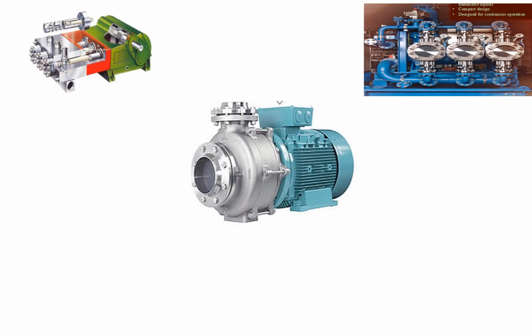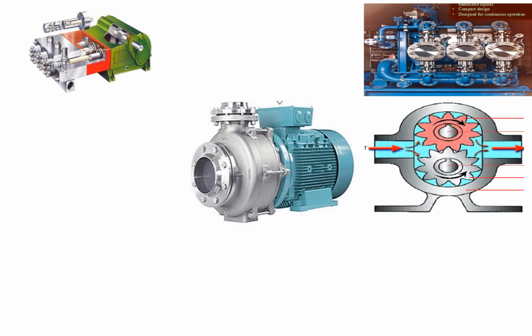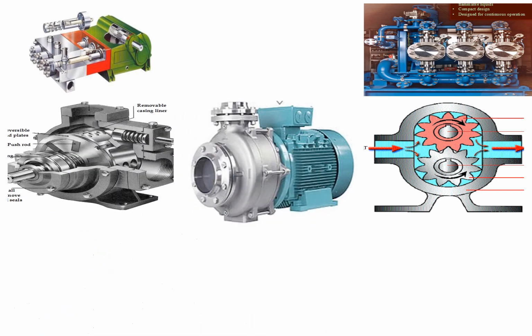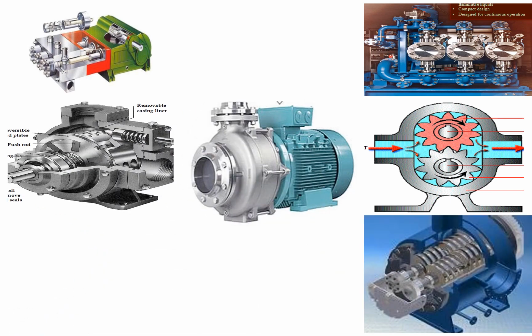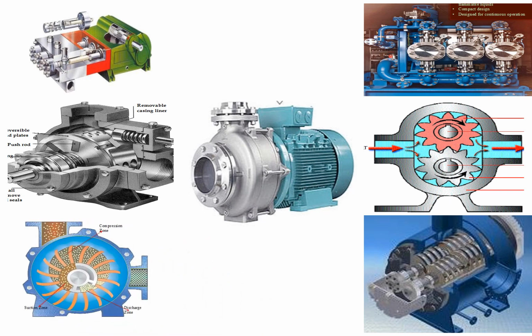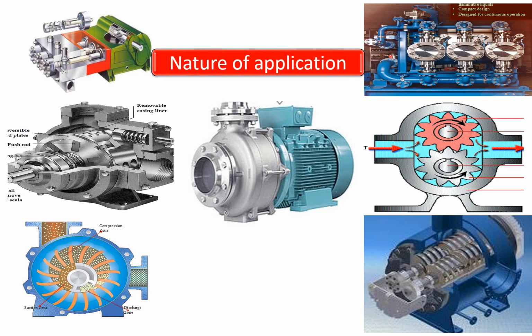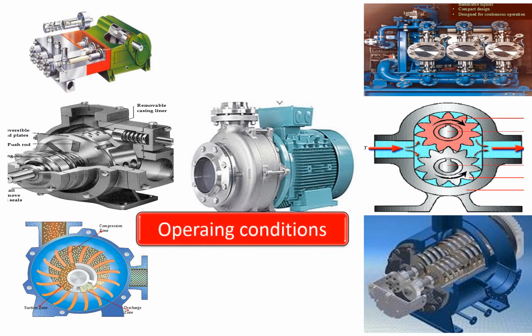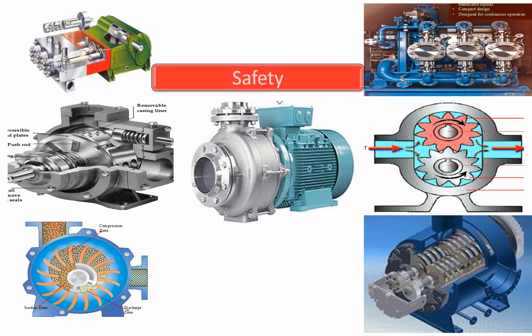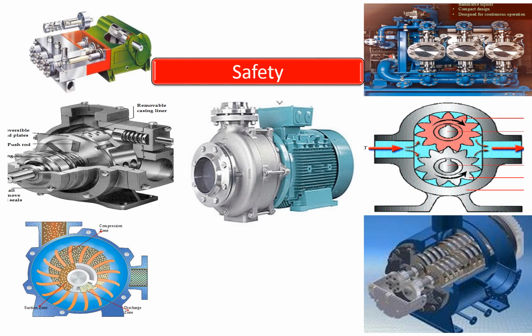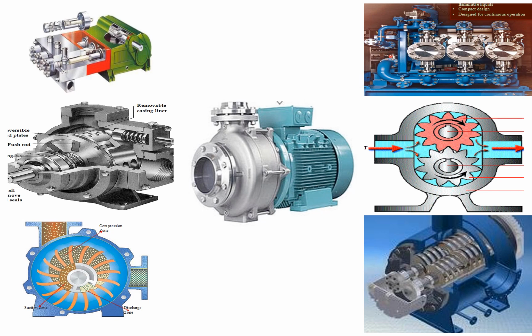Nature of application, service operating conditions, safety and environmental needs dictate what type of pump is required for a given situation. Though all the pumps shown are used for liquid transport, they differ in their operating principle, construction features, and speed at which they need to operate to deliver required performance. So how are they classified and grouped? Let us move on to find out.